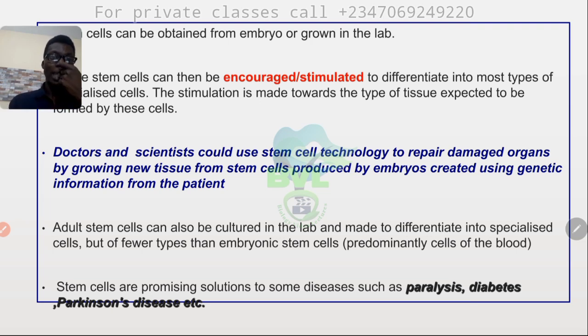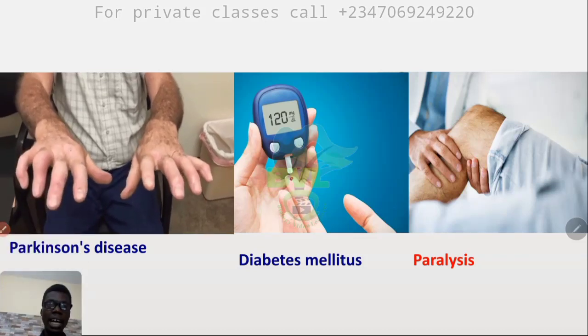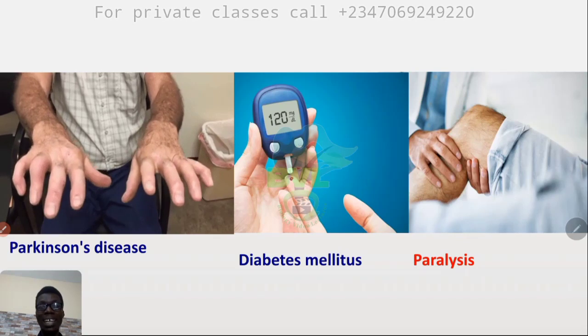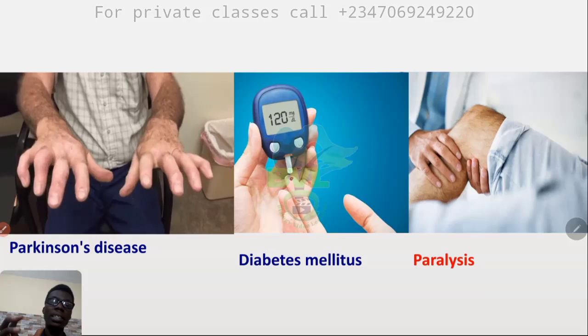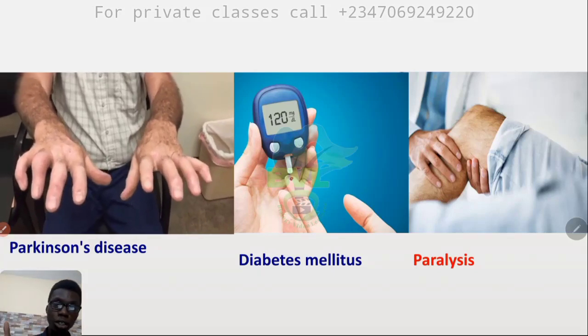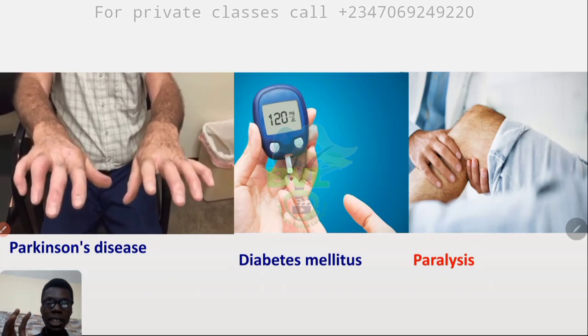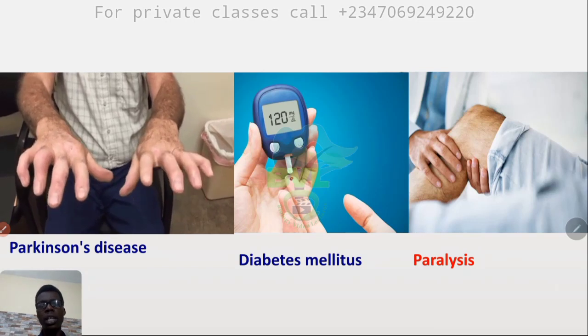Now it says stem cells are promising solutions to some diseases such as paralysis, diabetes mellitus, and Parkinson's disease. Let's take a look at some of those. Looking at the screen here, the first GIF on the right is Parkinson's disease. It is whereby the basal ganglia of the person has issues. A part of the basal ganglia makes a neurotransmitter called dopamine.